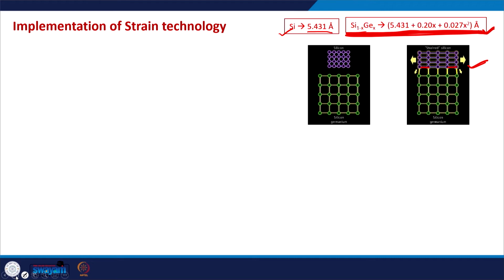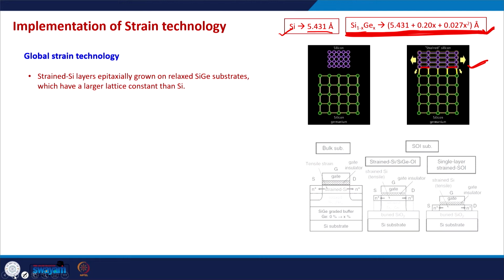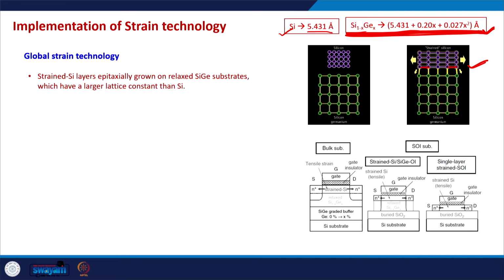Okay. So generally the strain technology is broadly categorized as global strain technology, in which all the channel silicon is strained, and one of the most prominent techniques is growing the channel silicon on silicon germanium.